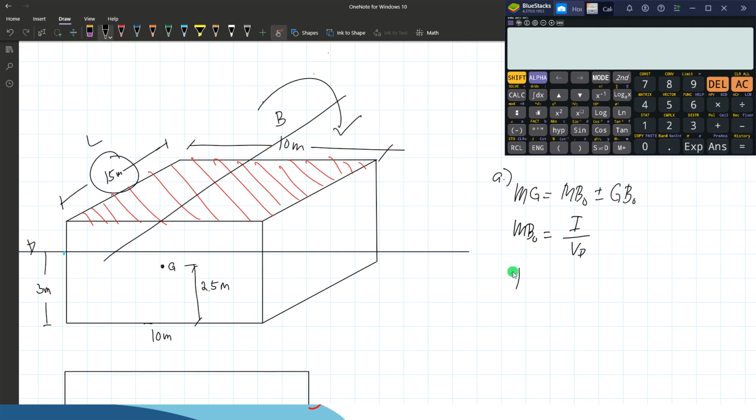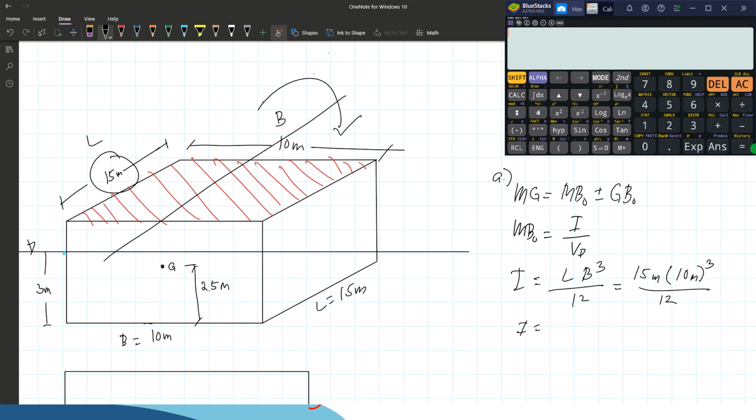So we have the moment of inertia, if this is B and this is L, which is 15 meters, LB cubed over 12. Substitute L as 15 meters, B is 10 raised to 3, over 12.